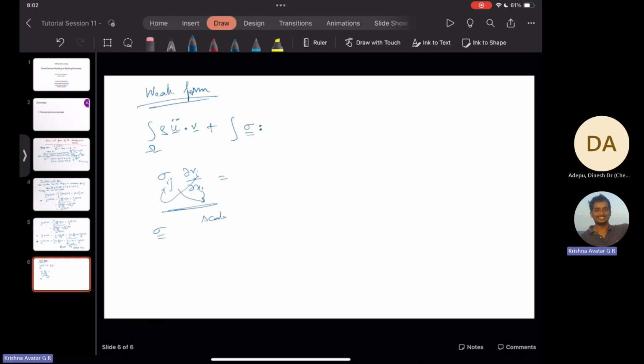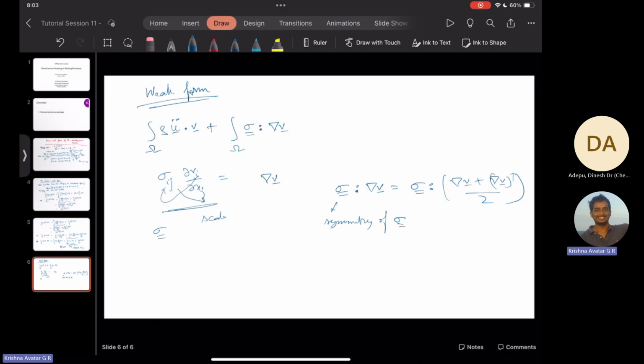We'll get to this someday later during another session, that we can also write this as equivalent to sigma double dot the symmetric part of the gradient, grad v plus grad v transposed by 2. They are equivalent. This follows from symmetricity of sigma.